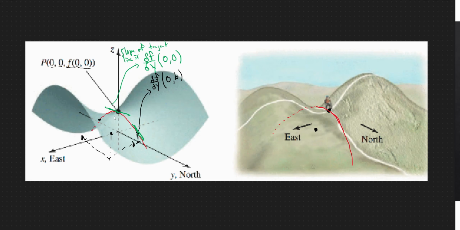Again, I can trace out a curve. Now I'm going to take a slice of this surface at the plane x equals a, rather than at x equals 0 as we did before. We'll take a different slice, get a different curve, and differentiate that at the point b again, at the y value of b.